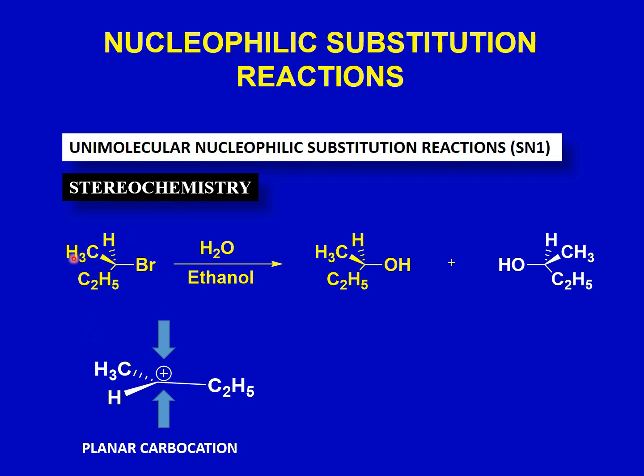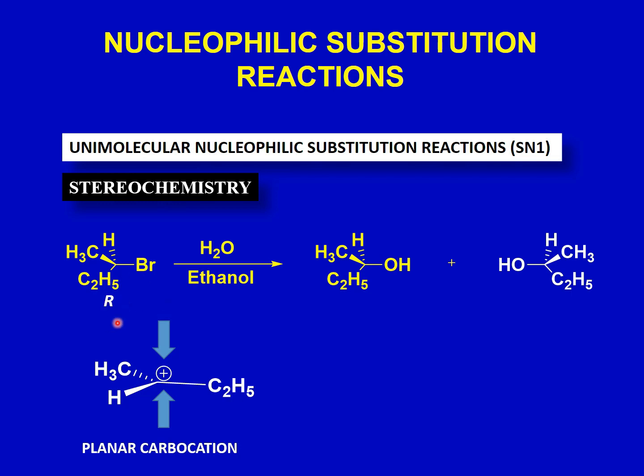We are starting with a reactant that has R stereochemistry, or absolute configuration R. I hope you know how to determine the absolute configuration of molecules, or the R and S configuration, but still, if you want to learn it, you can find a link here which will guide you through how to determine the R and S configuration of stereocenters.